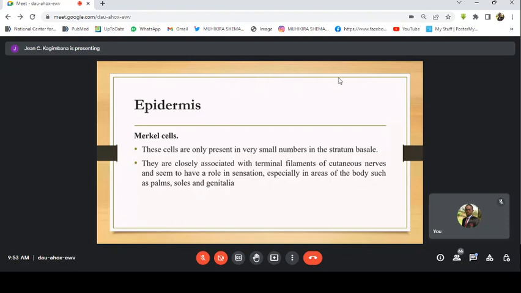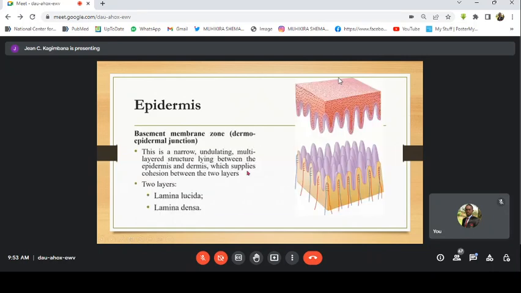That's why when you puncture the part of the fingers, it's very painful compared to other areas, because you have a big number of Merkel cells, which play a role of sensation. It is a sensory cell, if you can say.